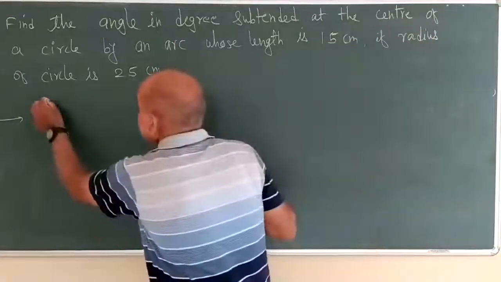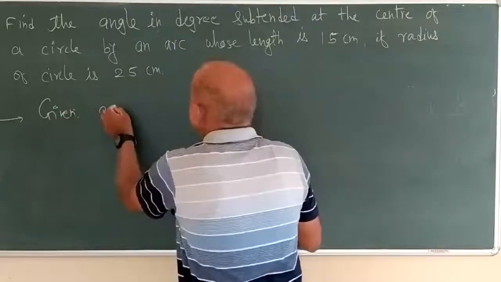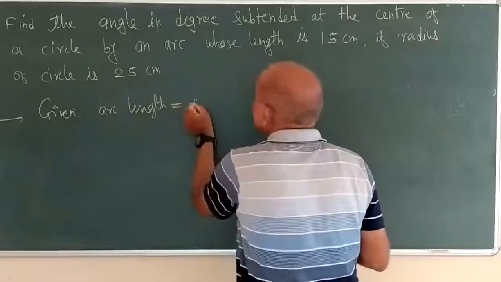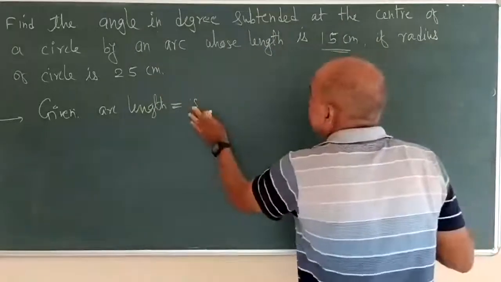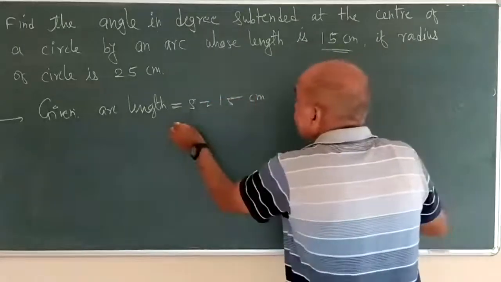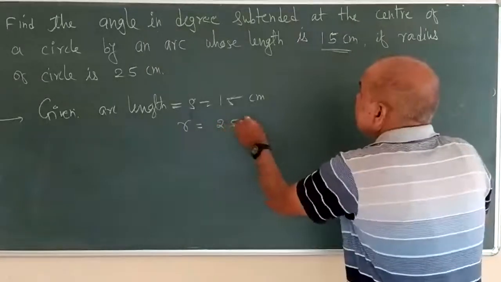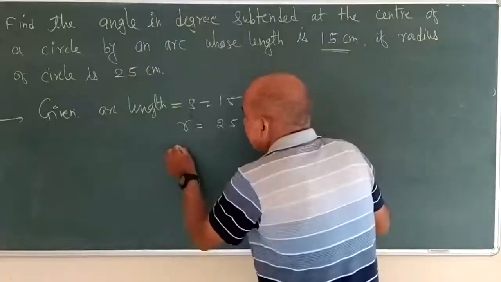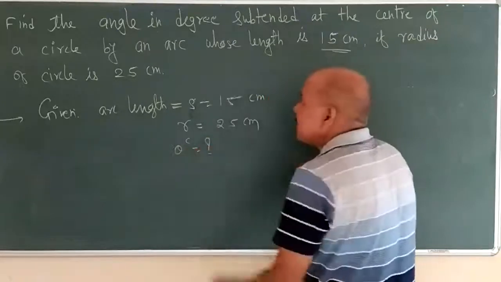At this time, what do they ask? Central angle they ask. What is given? Arc length, 15 centimeter. Then the radius of the circle is 25 centimeter. Then what do they ask? Theta, the central angle, is unknown to you.